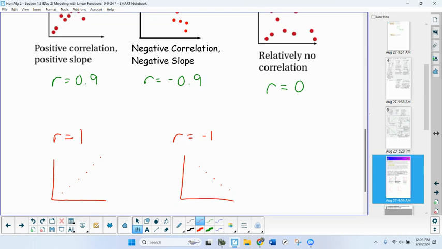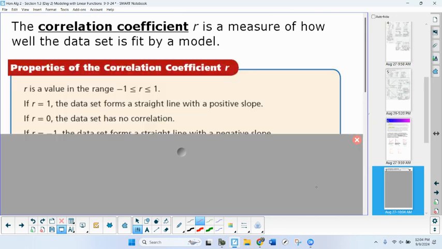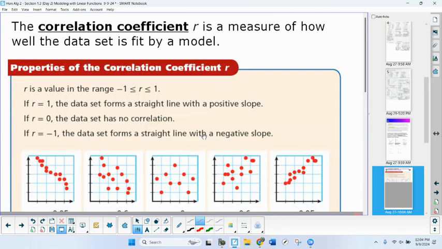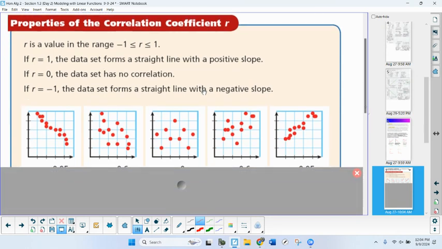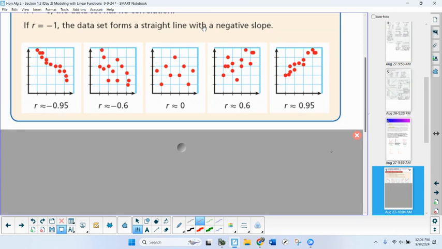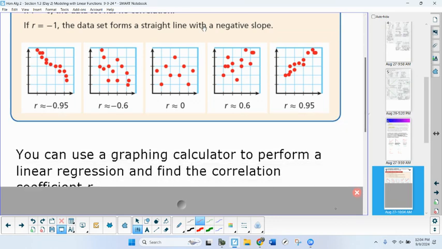Okay? The closer you get to 0, the more scattered they are. That's called the correlation coefficient, R. And we talk about all that here. So R is a number between -1 and 1. The closer it is to 1, the stronger the correlation. The closer to -1, the stronger the negative correlation.